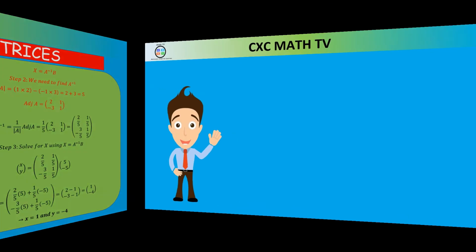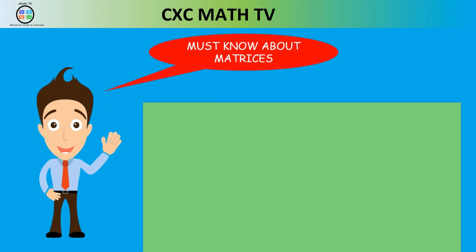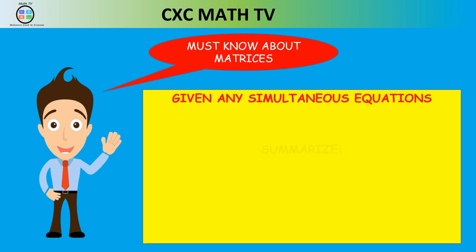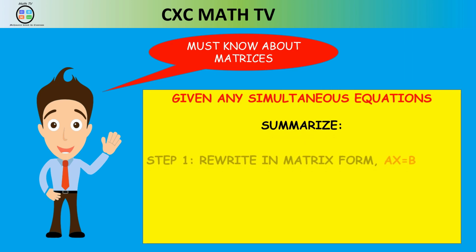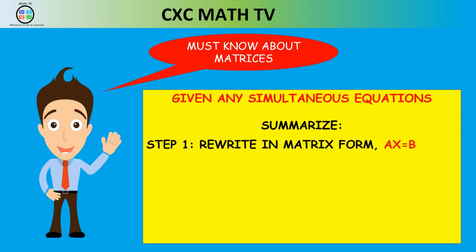So, what we need to remember now is that anytime you're given a simultaneous equation, you must rewrite it in matrix form first, AX equal to B. Then A is the coefficient matrix of the unknown. Step 2, you must find A inverse.